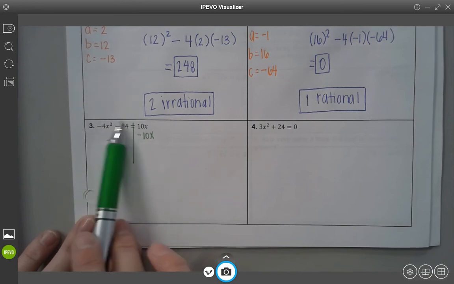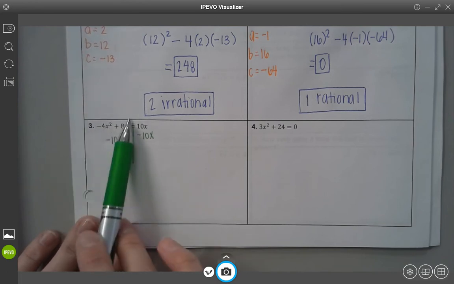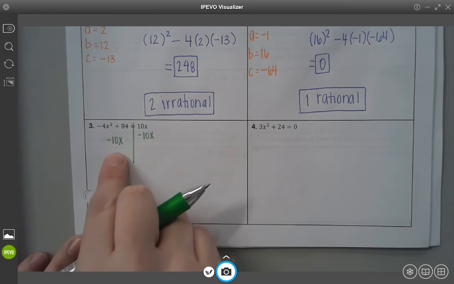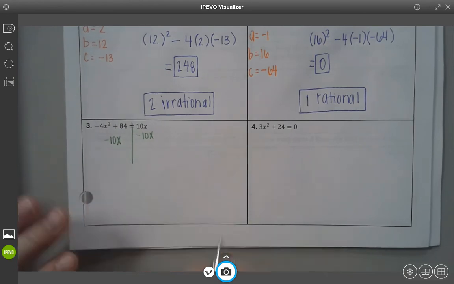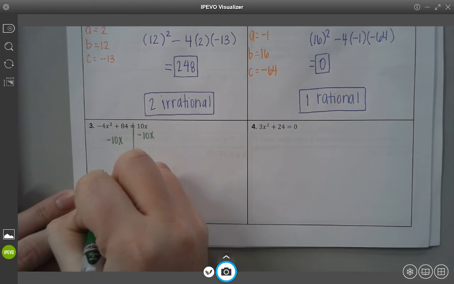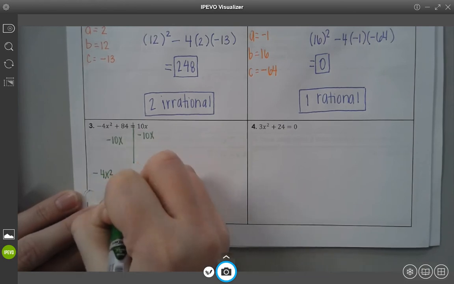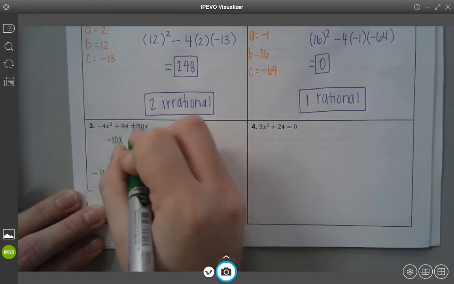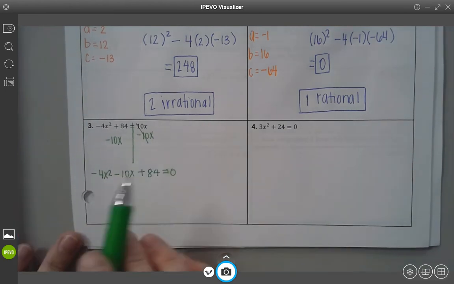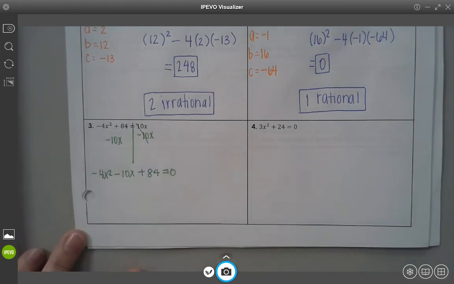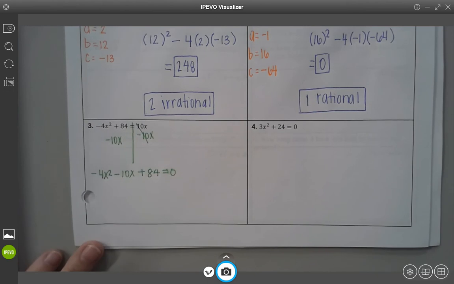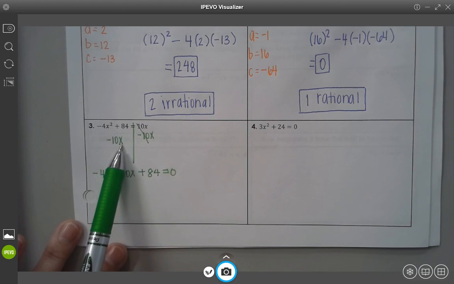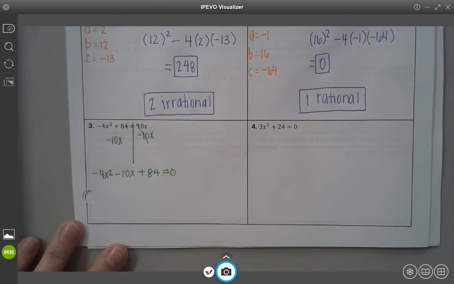No. So I don't have anything to subtract it from, so I'm just going to write it separately. Make sure that you write it in the middle because that's the correct order. -4x squared minus 10x plus 84, and then it equals 0 because those cancel. If you don't put it in the middle, then you'll likely get your A, B, and C wrong. Your x squared is always first, then your x, and then your plain number.